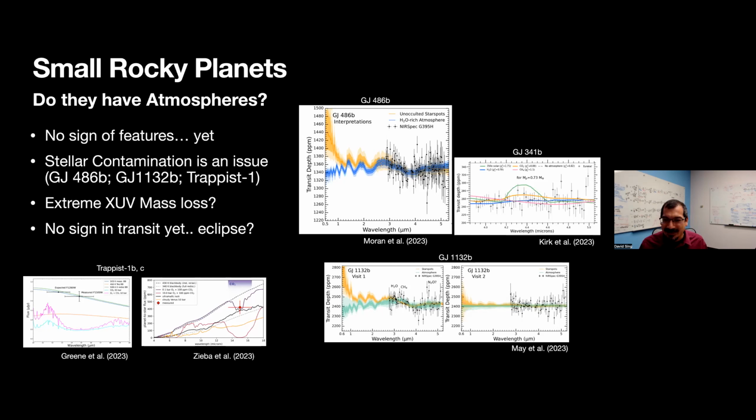So here you see that same bump on one and not the other. So there's no sign in any of these of a CO2 atmosphere yet, but there's a lot of interest now in eclipses. Maybe the eclipses aren't as sensitive to the stellar activity.